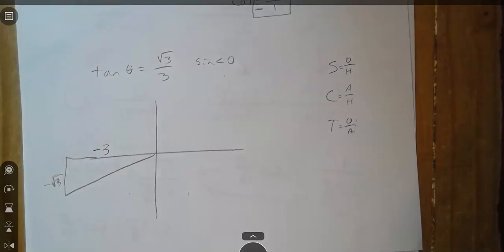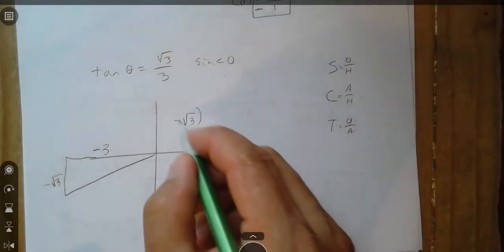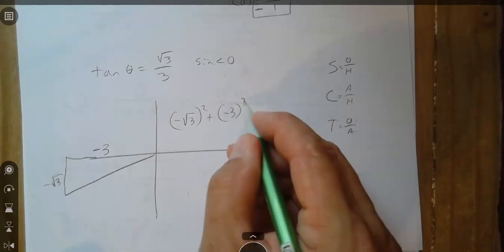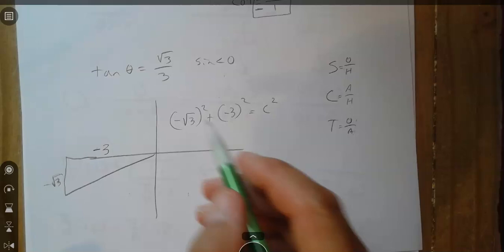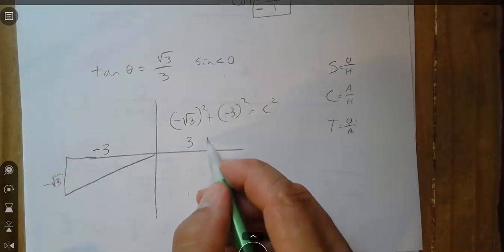Okay, now I find my hypotenuse by doing my negative root 3 squared plus negative 3 squared equals hypotenuse squared, or in other words, c squared. Well, anytime the negative is squared, it's positive, and a square root times a square root is just going to be what's underneath, so that's 3.